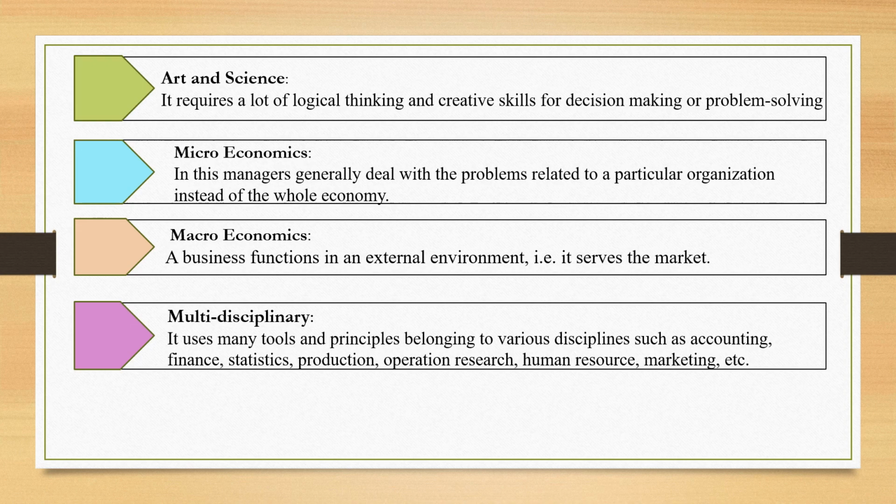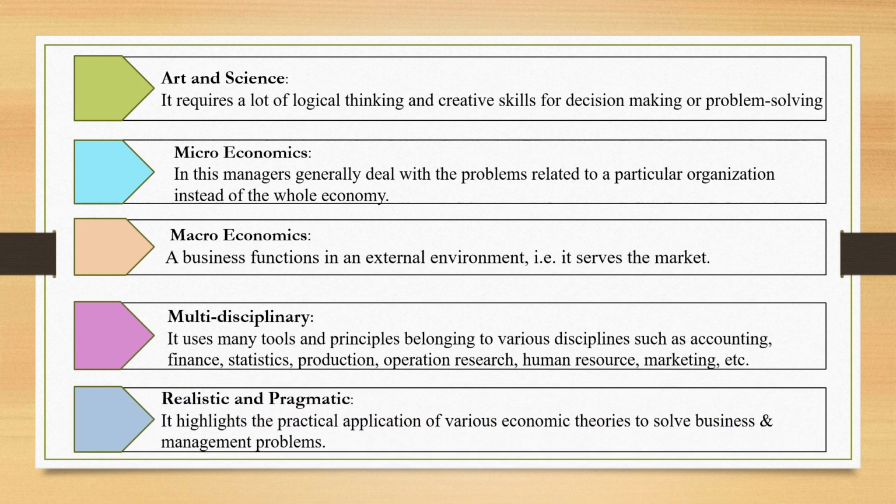This nature deals with various tools and principles belonging to various disciplines such as accounting, finance, statistics, production, operations research, human resource, and the most important, marketing. Realistic and pragmatic. It highlights the practical application of various economic theories to solve business and management problems.